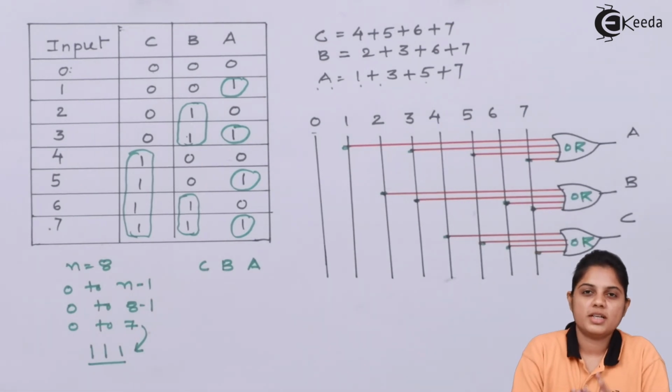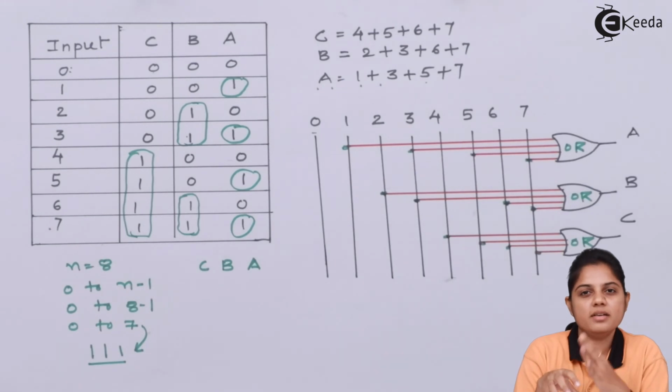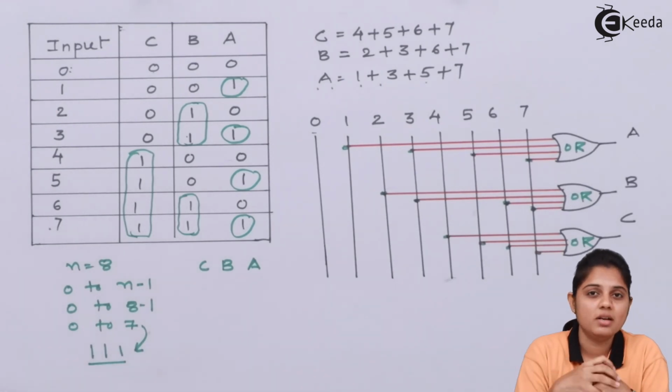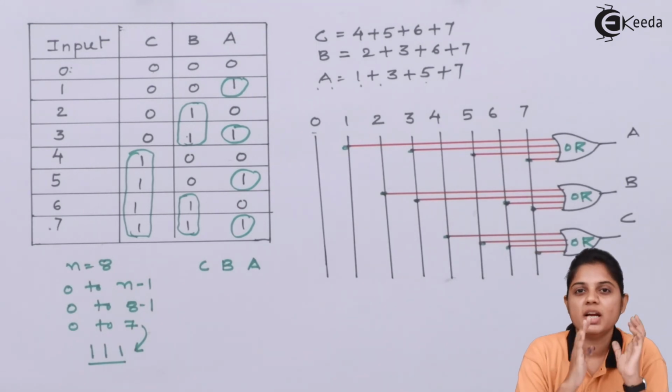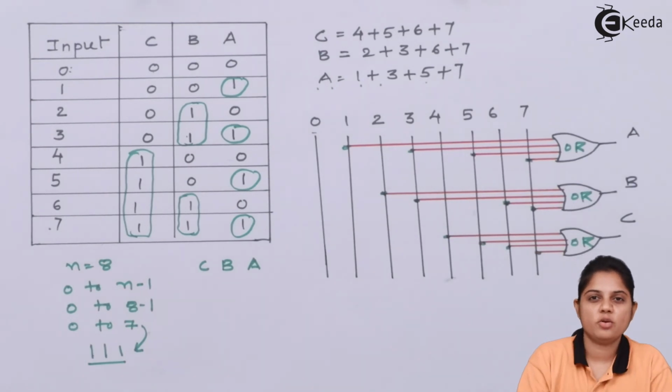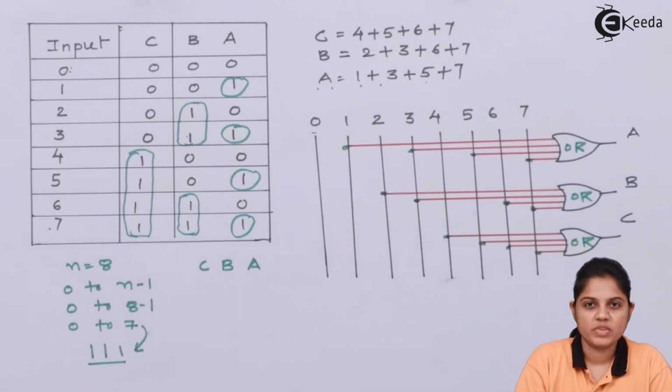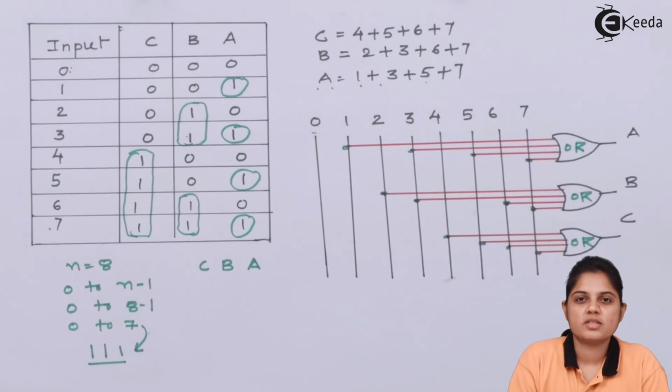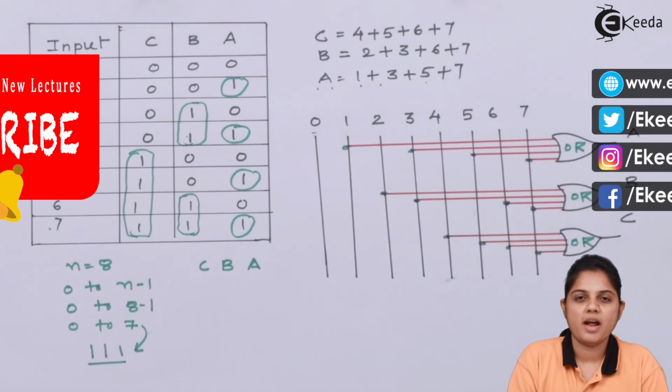So if I have a device which can only transmit data in decimal form, but I have a device which can receive data only in binary form, then I have to convert decimal to binary. For this encoding process I can use the different types of encoders we have studied in this video. So I hope you have understood what an encoder is, which different types of encoders are available, and how they work.